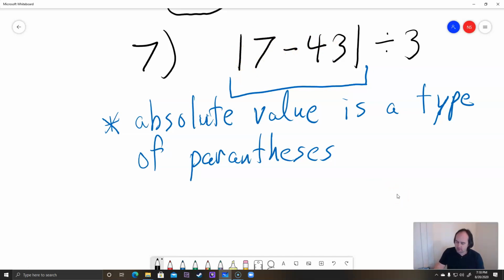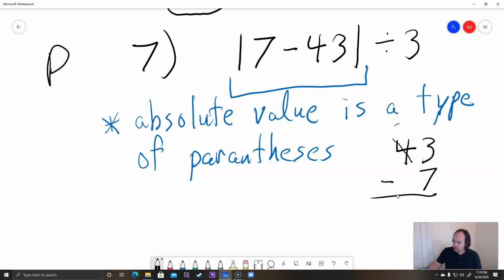Okay, so following PEMDAS, our first step is parentheses. But inside of these absolute value parentheses, we have 7 minus 43. So how do we do 7 minus 43? Well, you can write it out or do it in your head, but they're opposite signs, so we subtract. So we have 43 minus 7. We're going to have to borrow from the 4. The 4 becomes a 3. And then we get 13 minus 7 is actually 6.